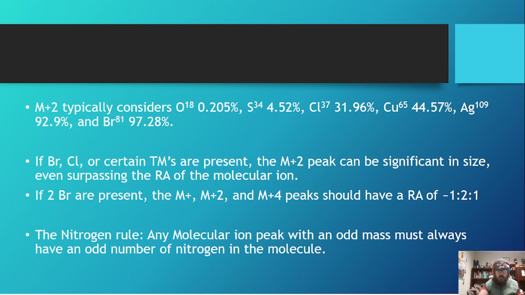Now if you have 2 nitrogens, you can't tell that right away. But typically most compounds will only have 1 nitrogen unless they're really, really big. So the molecular ion peak is always even unless we have a nitrogen present. So that's something you can determine right away.